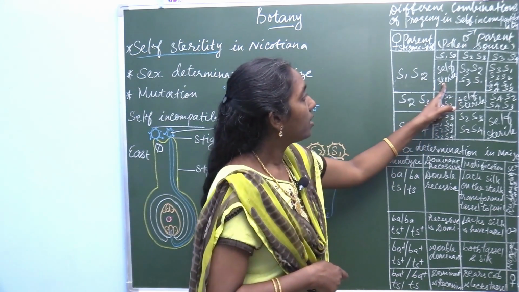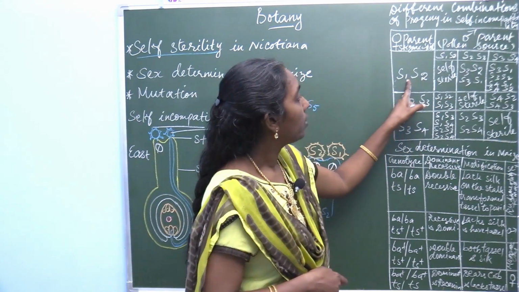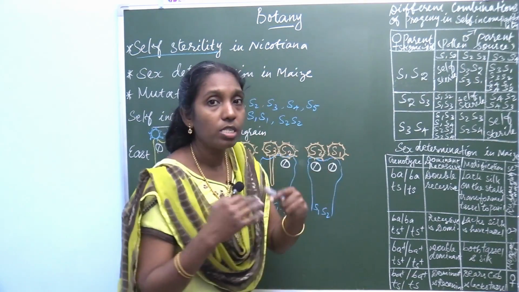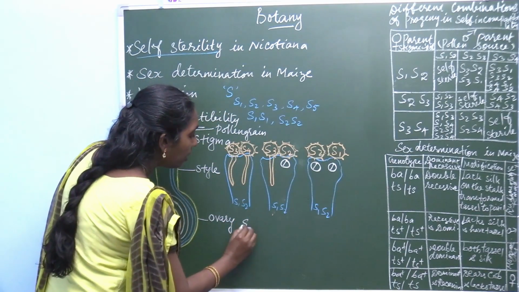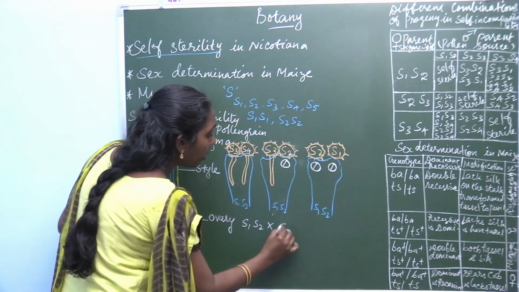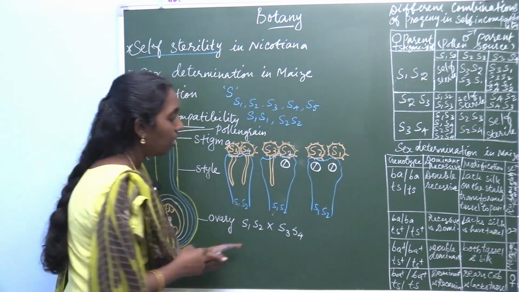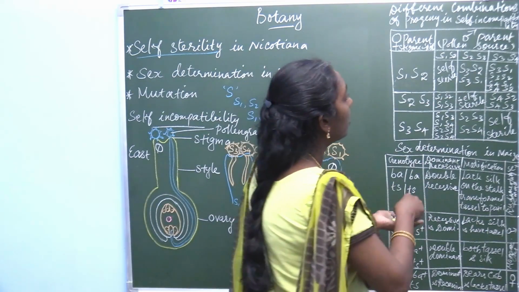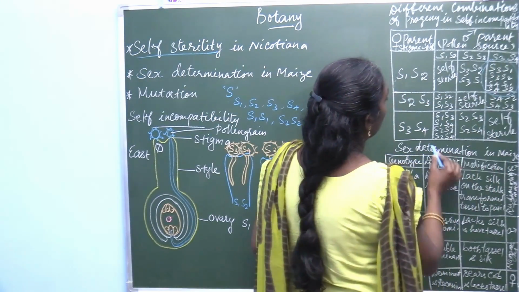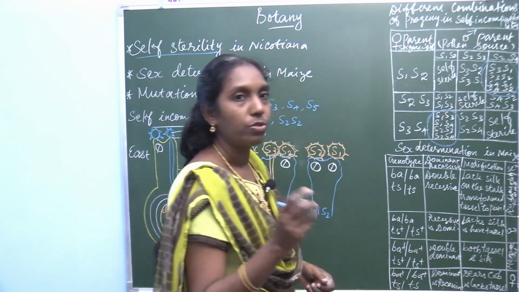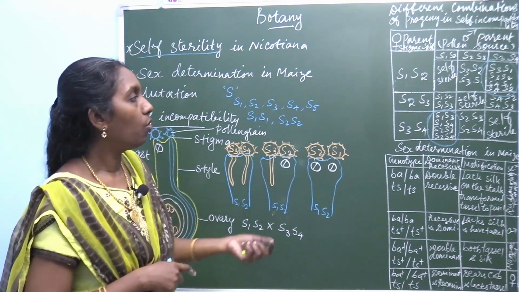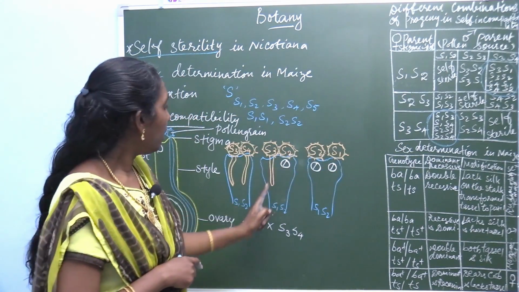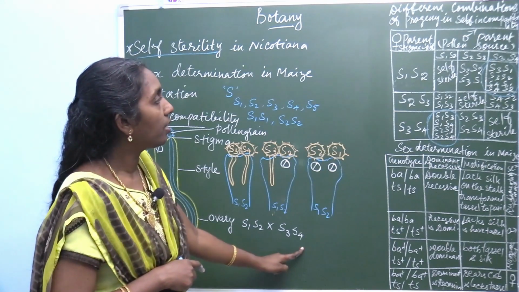So here it is self-sterile, and in this combination S1, S2 and S2, S3. Now, if crosses are made between S1, S2 and S3, S4, this is heterozygous, and it produces 4 different progeny, 4 different combinations. Why? Because the combinations are S1, S2 and S3, S4.